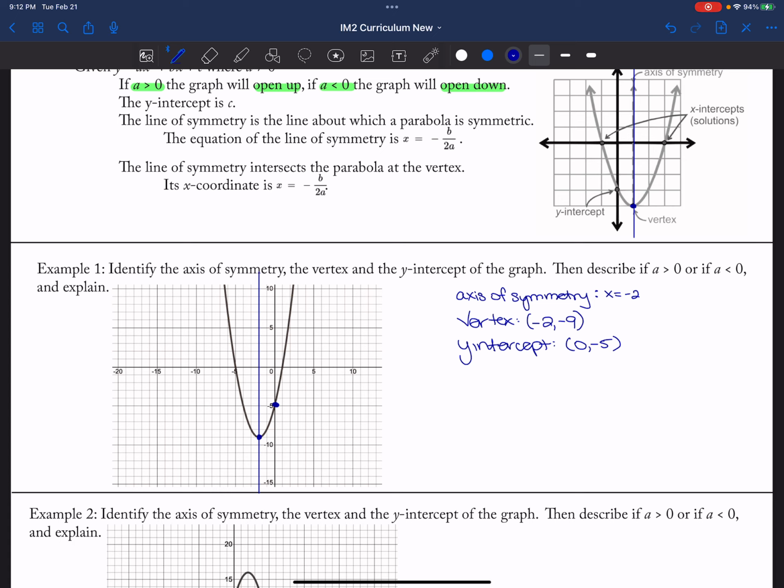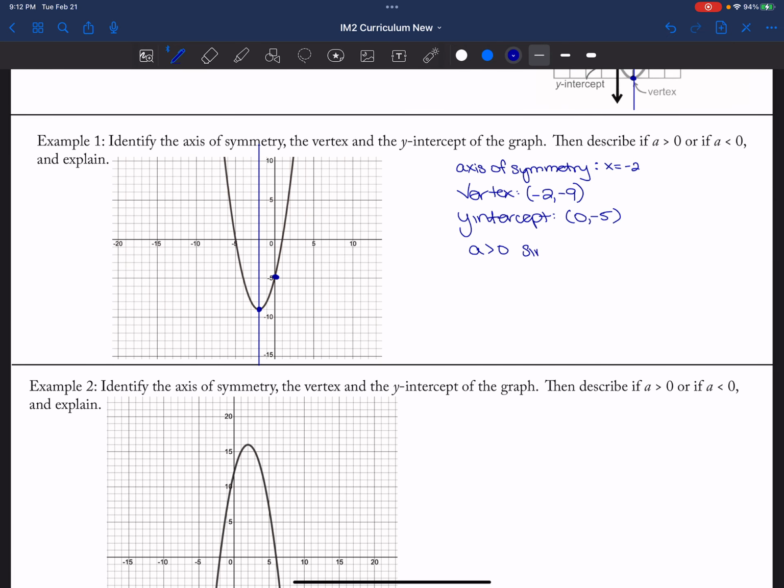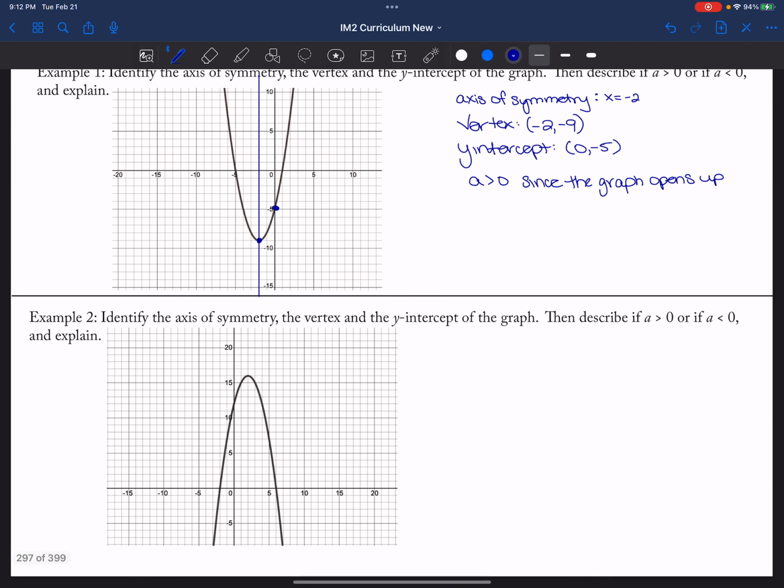And then in this case, because I open upward, my a is bigger than 0, since the graph opens up.